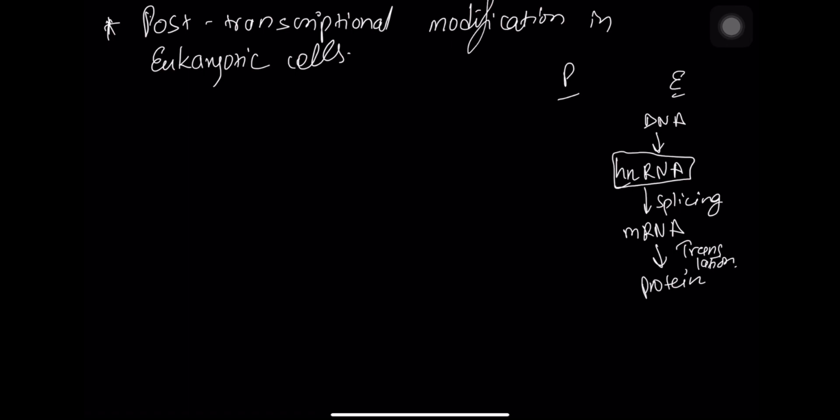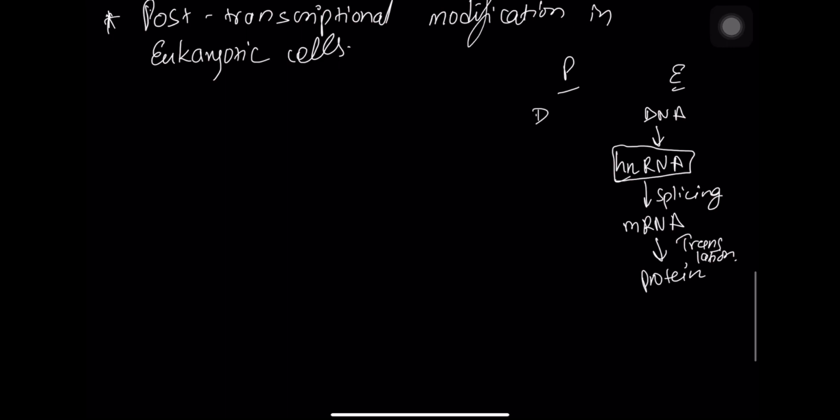But in prokaryotes, it is very simple. The DNA is formed, and RNA is synthesized from DNA by transcription, and again this mRNA is converted into protein by translation.